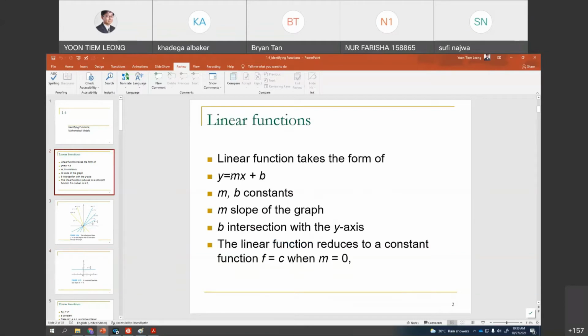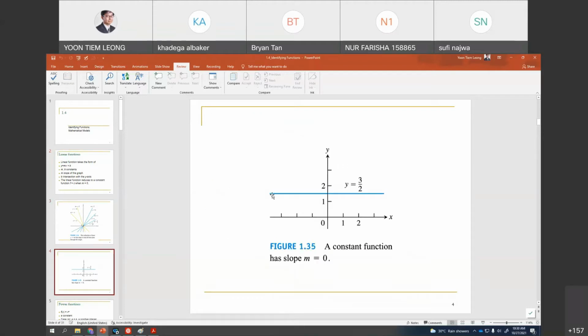When mx equals 0, the value of b represents the value where the function cuts through the y-axis. This is an example of a constant.